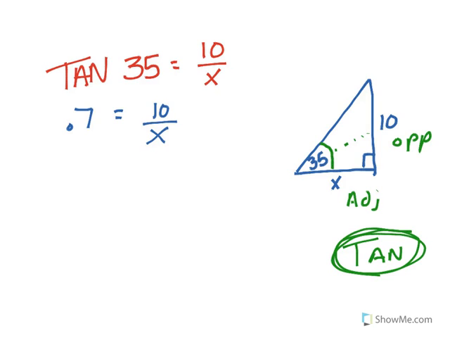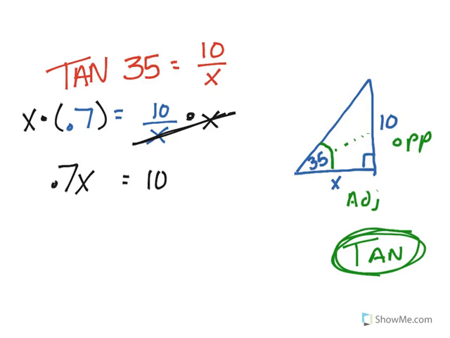Once again, no matter what, we're going to multiply what's on the bottom of the fraction to both sides. So I'm multiplying this whole side by x. These cancel out and 10 is left, and this just becomes 0.7x.